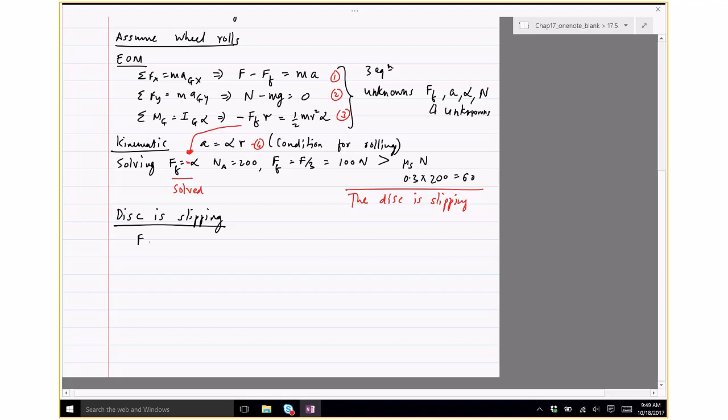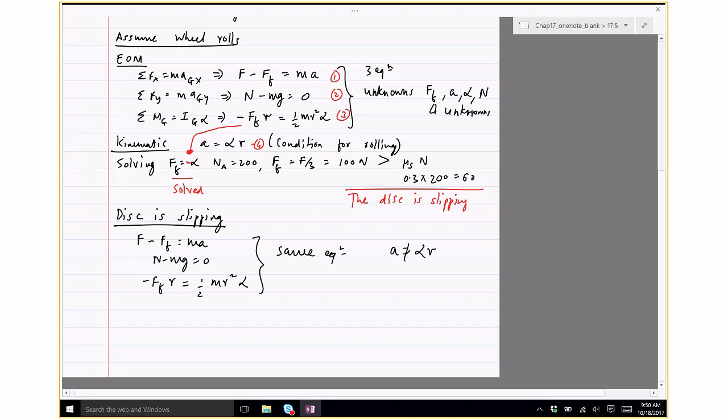F minus Ff is ma, N minus mg equals 0, and minus Ff times R equals half mR squared alpha, same equations. You do not have to change them. This equation is not true. a is not equal to alpha times R. That is not true because it's slipping.